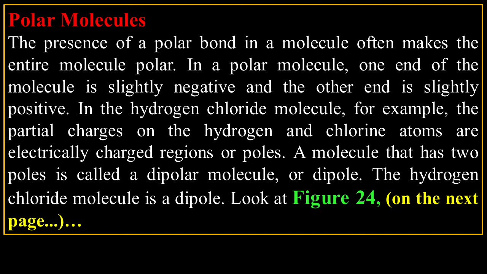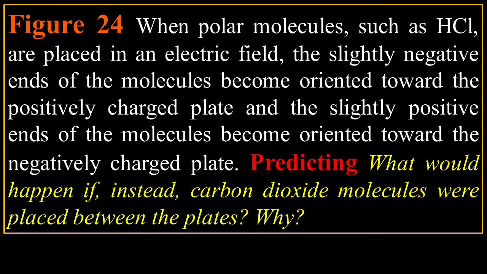A molecule that has two poles is called a dipolar molecule or dipole. The hydrogen chloride molecule is a dipole. Look at figure 24 on the next slide. So this whole concept of dipole means it has two poles. If something's polar, it has poles, but dipole means specifically two poles.